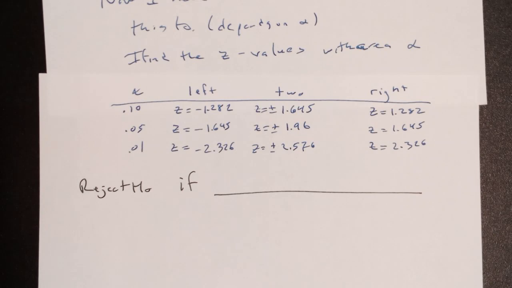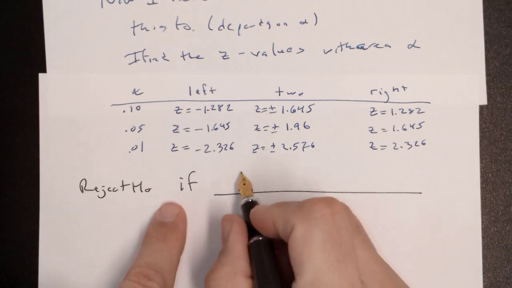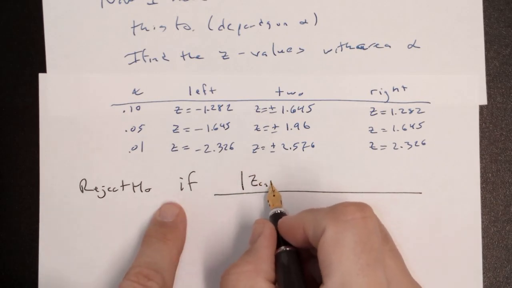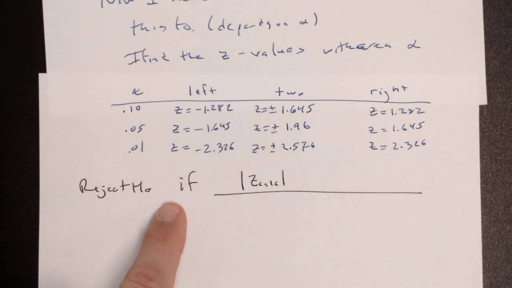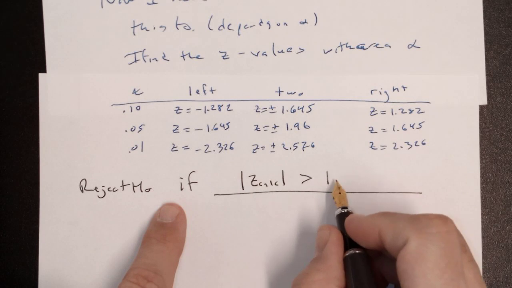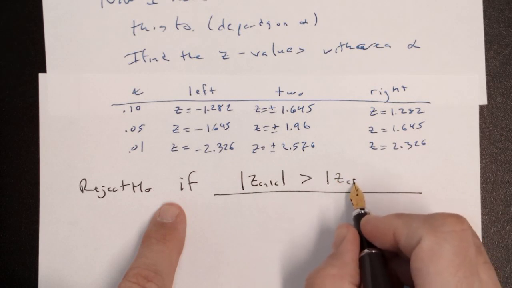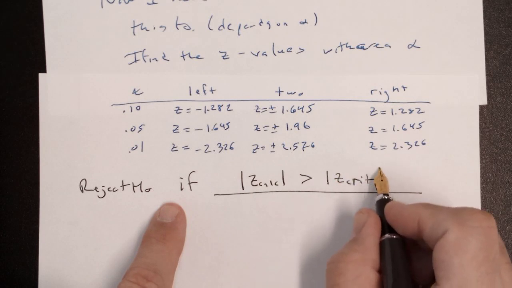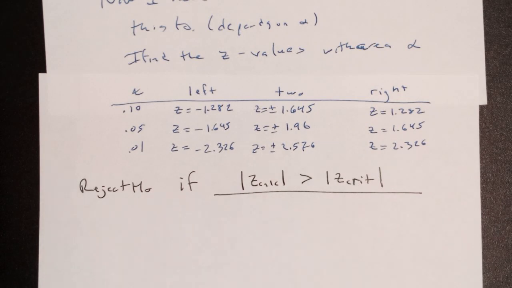Let's take absolute values. I think that actually helps. We reject if the calculated value is bigger than my critical value, in absolute value. I reject if I'm in the shaded region in the rejection zone.